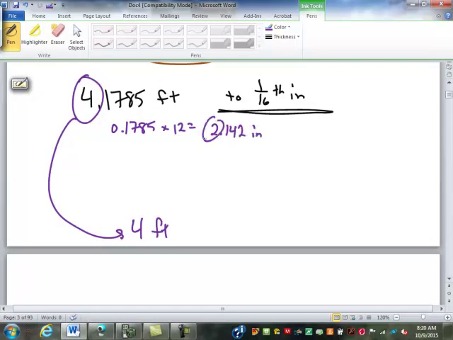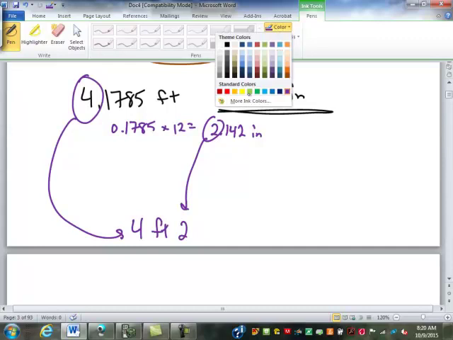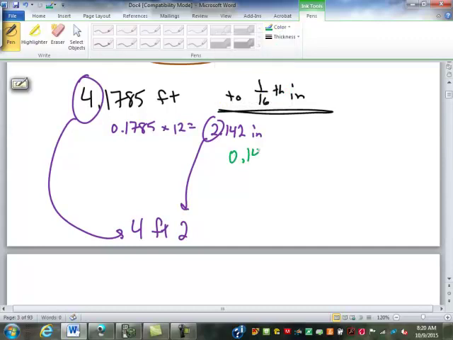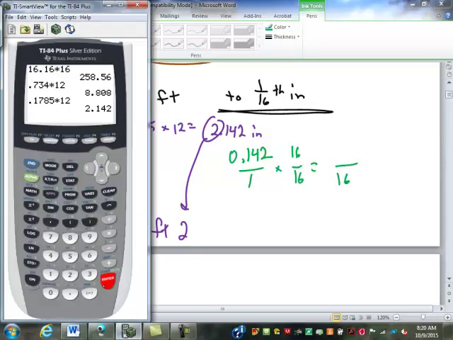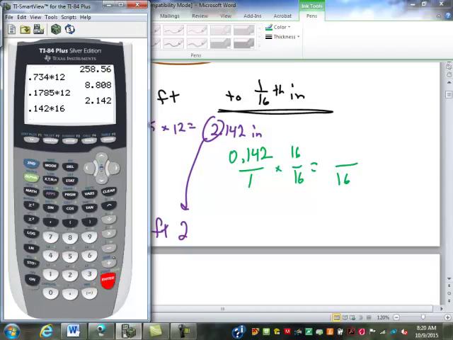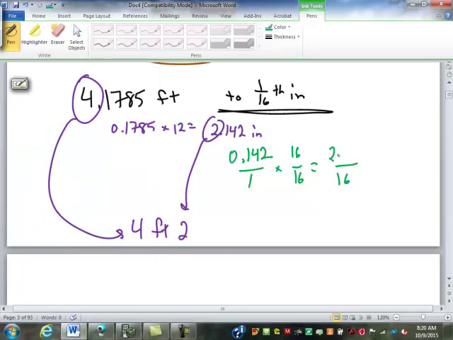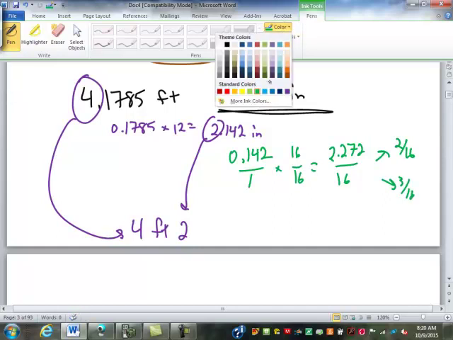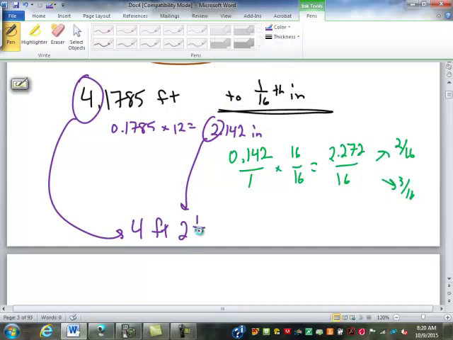So that's 2 inches. We take the 0.142 over 1 times what? 16 over 16. 2.272, which is between 2 and 3, closest to 2, which is going to be 1/8, right? So the nearest 16th of an inch, 4.1785 feet, is 4 feet, 2 1/8 inch.